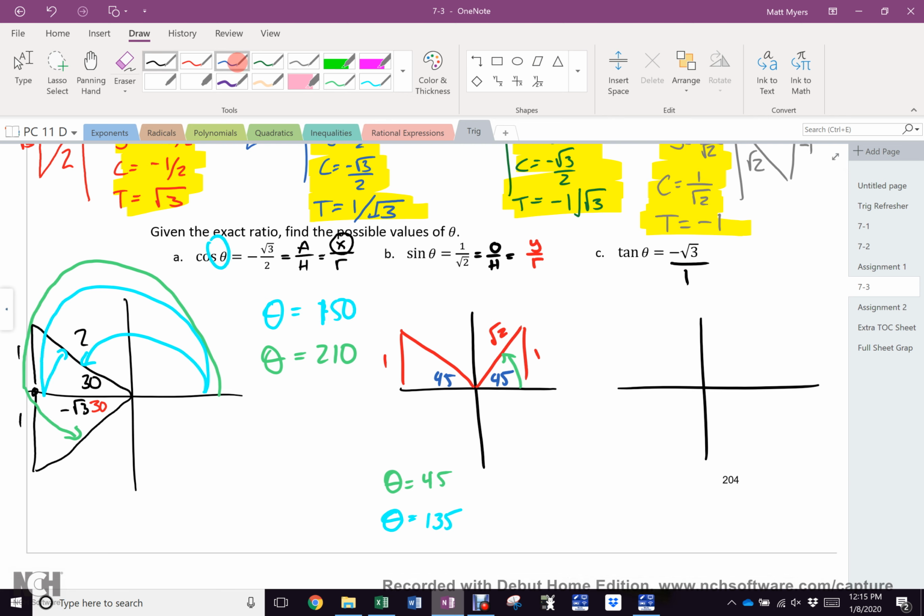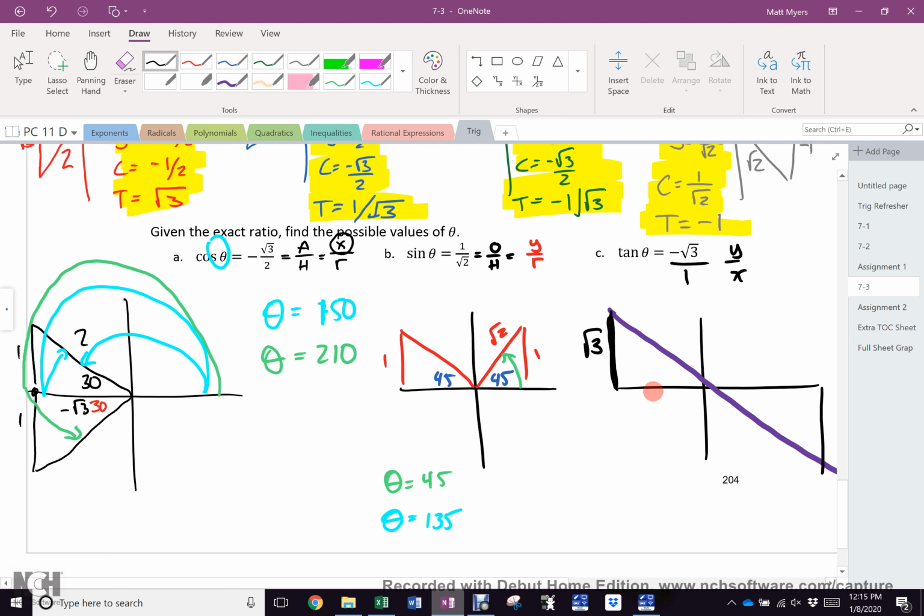Let's make it purple. Right? Okay. Now, opposite over adjacent, right? So that's the y and the x, yeah? That's the y, that's the x. So this one, the y is what? Is that a positive or a negative y? Positive y. So the y, the root 3, has to be positive.